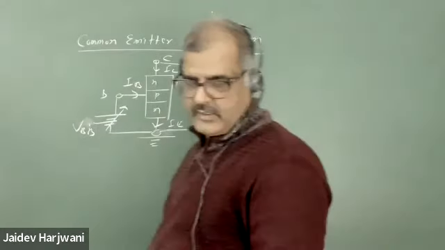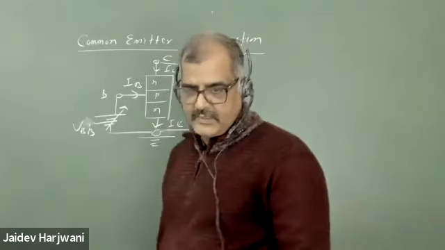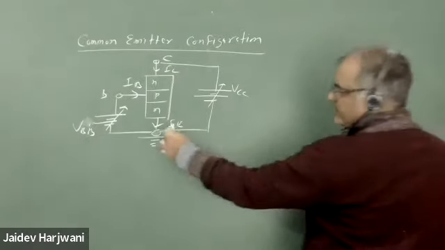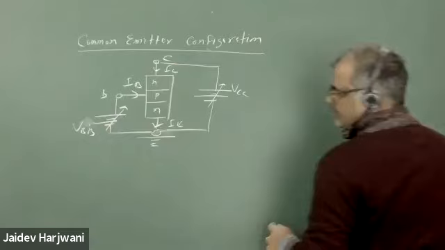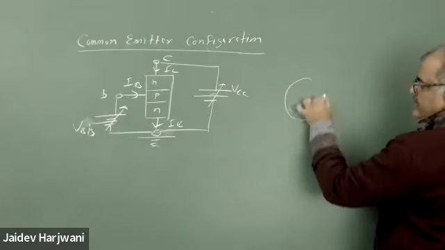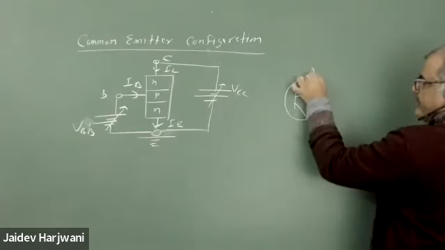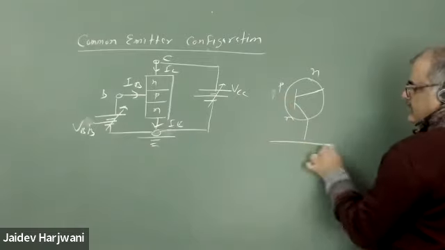Why you make this diagram perpendicularly, you can make it like this, no issue. Because I want to make the emitter common, I have to ground it. So you can make it like this also. Say this is an NPN transistor. This is grounded.